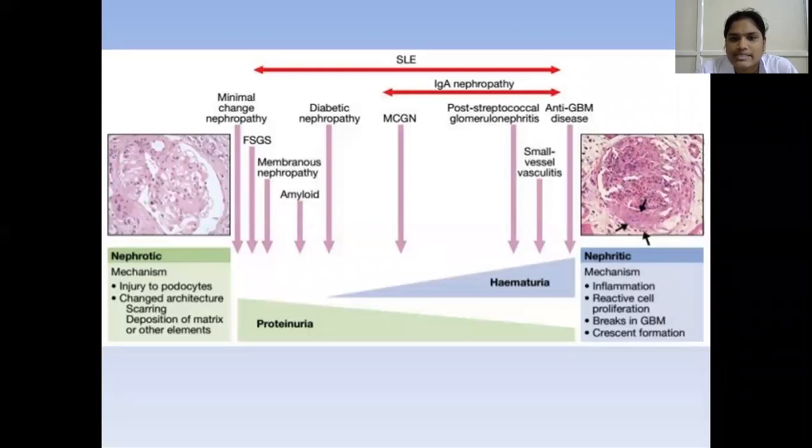SLE involves both nephritic and nephrotic. While in IgA nephropathy, mostly nephritic, hematuria is the presenting complaint, whereas in nephrotic, proteinuria is the main complaint. So minimal change nephropathy, focal segmental glomerulosclerosis, membranous nephropathy, amyloidosis, and diabetic nephropathy are the nephrotic syndromes.